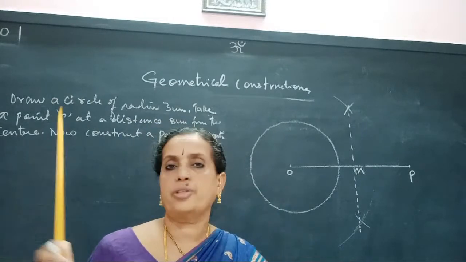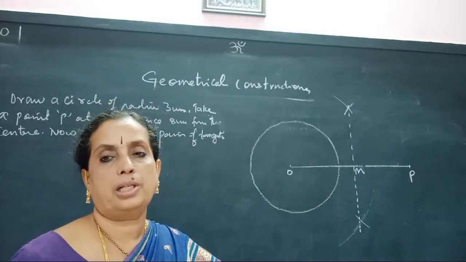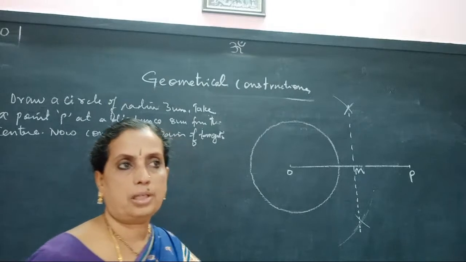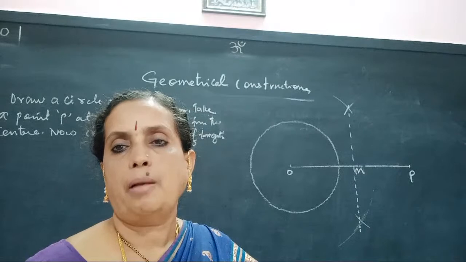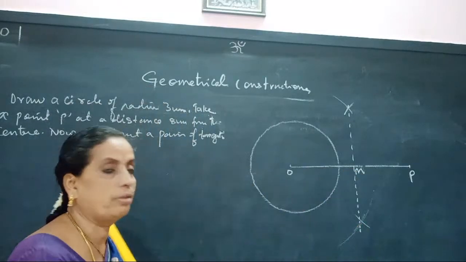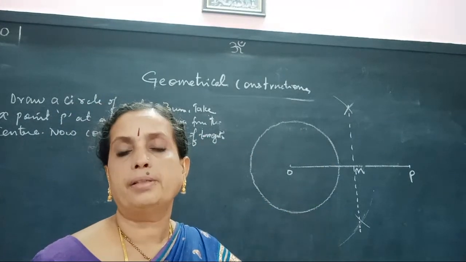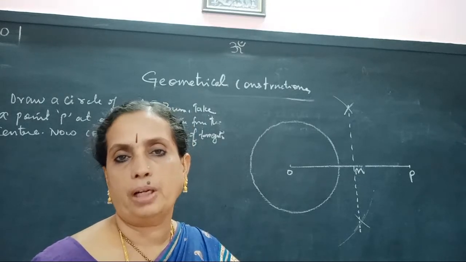The previous construction as a base I have given, it is an application. Construction of a pair of tangents is in your syllabus. Construction of a tangent is not in your syllabus, but still sometimes you may get a question like this. So I included that question first, because both are under the property and the theorem, so it is better to learn both types of construction.